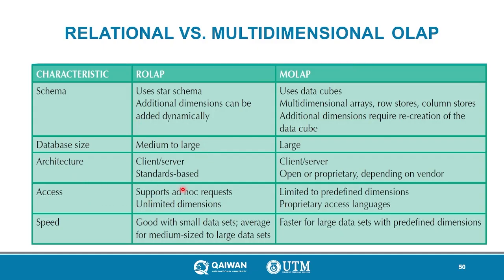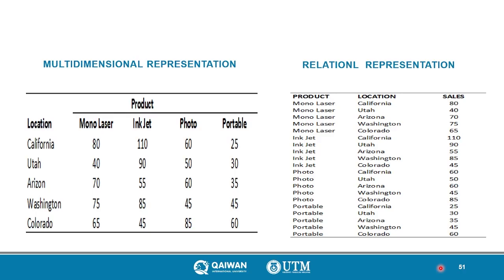For the architecture, relational is client-server standard based, but MOLAP would be open or proprietary depending on the vendor. Access supports ad hoc requests and unlimited dimensions, but MOLAP is limited to predefined dimensions and proprietary access. For speed, relational is good with small data sets, but MOLAP would be faster for large data sets with predefined dimensions.